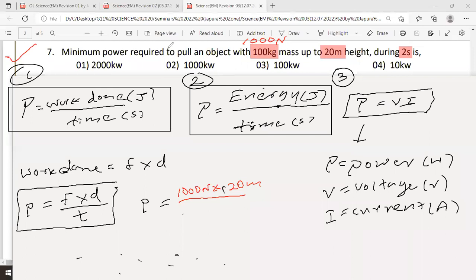The time taken is 2 seconds. So 1000 times 20 is 20,000 Newton meter, divided by 2 seconds. I told you Newton meter is also equal to joule.